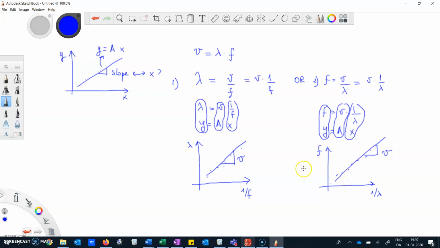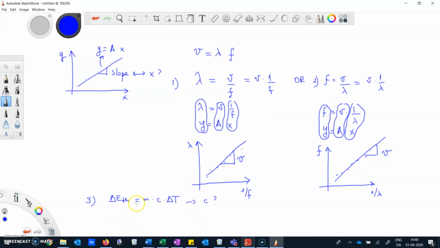This is something that we need to do also if the expression is more complicated. For example, let's take a third case, and let's say that instead of the wave equation, I'm studying, for example, thermal energy, and I have delta E thermal equal to m times c times delta T, so the change in temperature, and I want to find c.